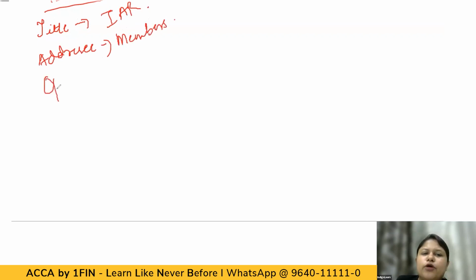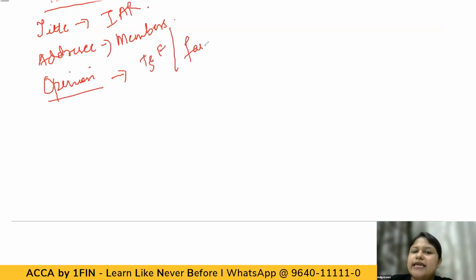Then comes the most important part for which we read the auditor's report, that is the opinion, where you talk about the financial statements giving a true and fair view, or presenting fairly. Whichever language you use, true and fair or present fairly, in all material respects in accordance with the applicable FRF. That is the way you write the opinion paragraph. Understand that 700 talks only about unmodified opinion.